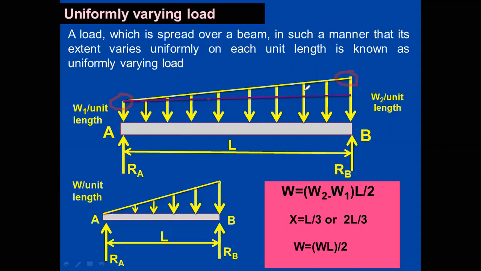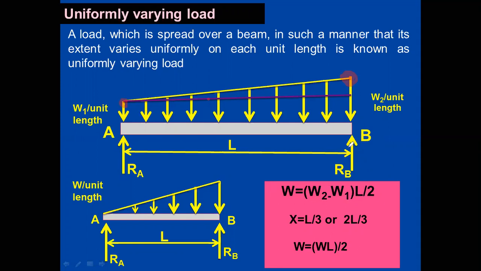As I mentioned, to calculate the reactions in a beam, we have to convert whatever load is acting on the beam into a point load. To convert this uniformly varying load into a point load, capital W equals W2 minus W1, where W2 is the maximum intensity in the uniformly varying load and W1 is the minimum intensity, multiplied by the span L, divided by 2.